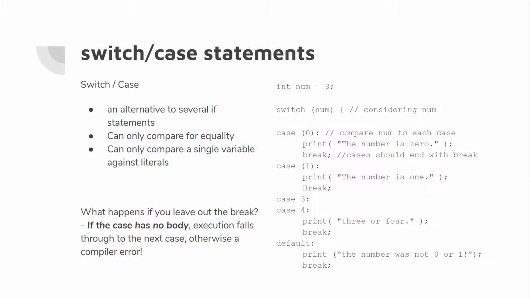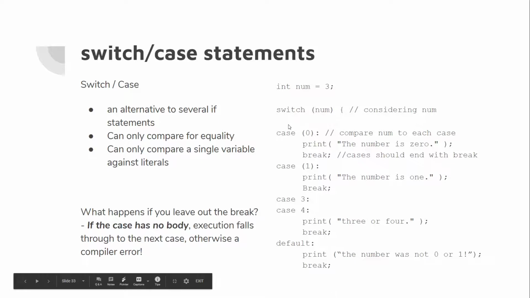Another program flow structure, another piece of structure in your code that comes in really handy, is switch case statements. It's an alternative to several if statements and can streamline your code quite a bit, rather than having a whole bunch of if this, do this, if this, do that. You can use this switch case.